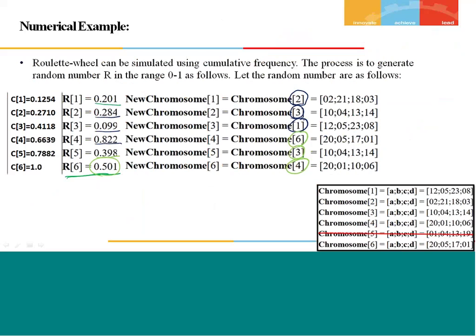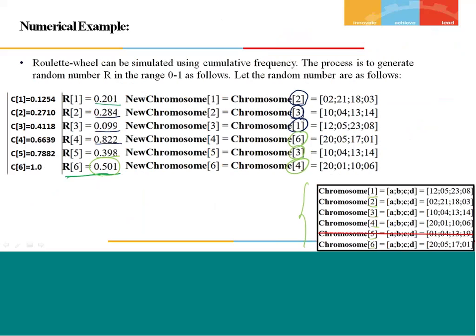Just to show you, for example, this was my previous generation: chromosome 1, chromosome 2, chromosome 3, chromosome 4, chromosome 5, chromosome 6. These were the 6 chromosomes.